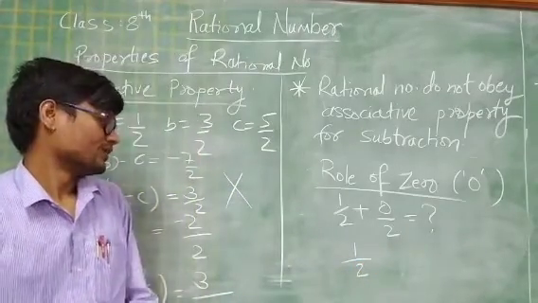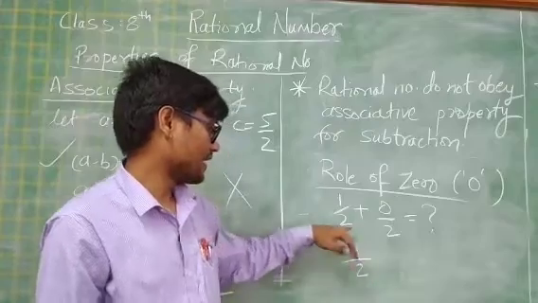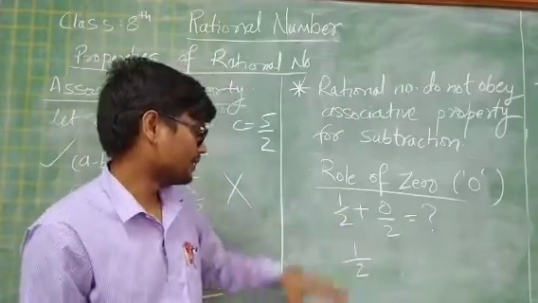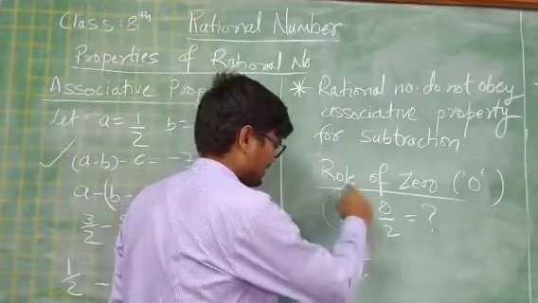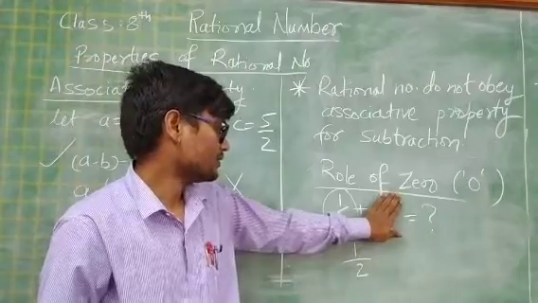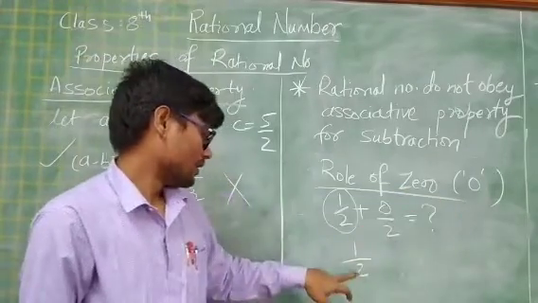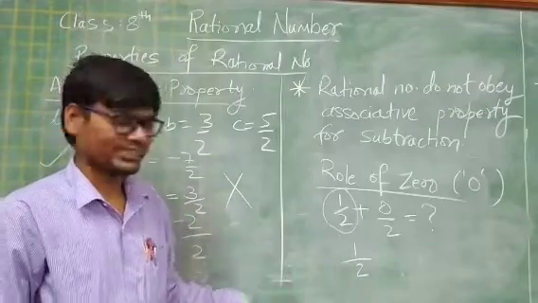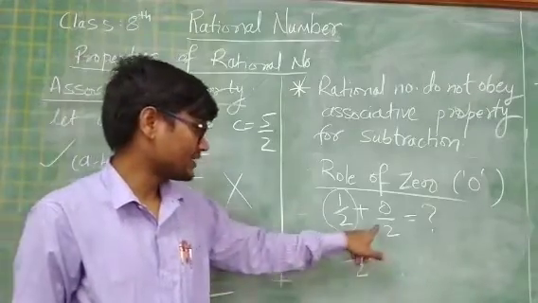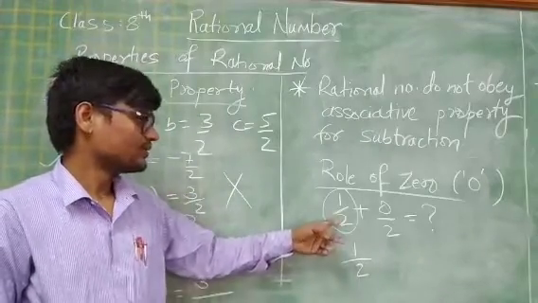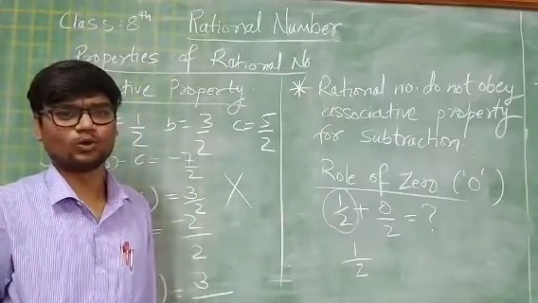So in such cases, when we add a number to the other number and we get the same number as given, here the given number is 1 by 2 and we are adding 0 to get 1 by 2. The number is not changing. So we can say that 0 is acting like the identity of this number 1 by 2.